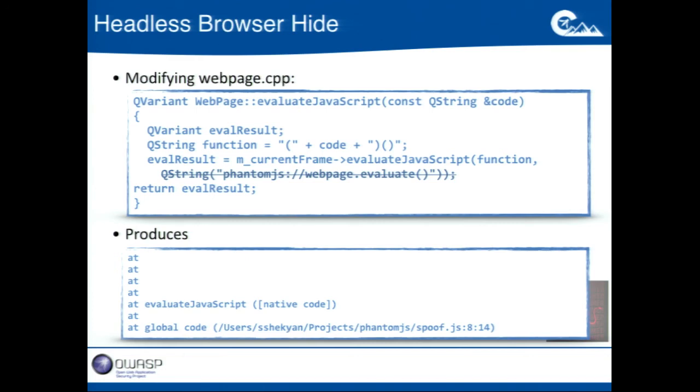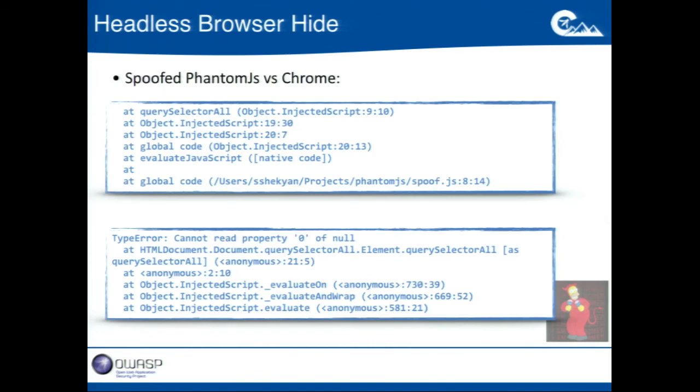Then we remove that code, and we get a stack trace like that. At empty. Well, this is not very nice looking, because it is still quite different from other browsers. So we added some other things inside PhantomJS and tried to spoof Chrome.